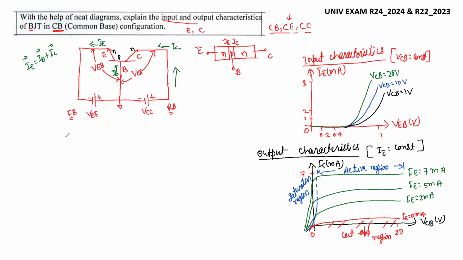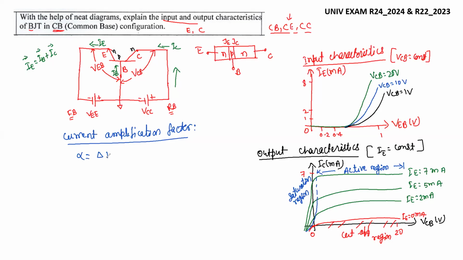Here again, you have current amplification. Current amplification factor means it is the ratio between output current and input current. For common base, it is denoted by alpha.